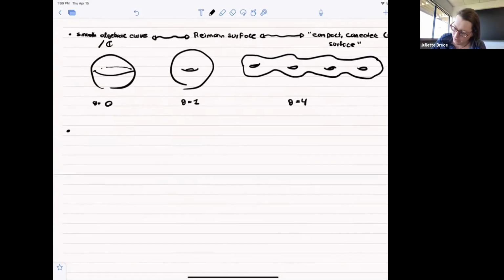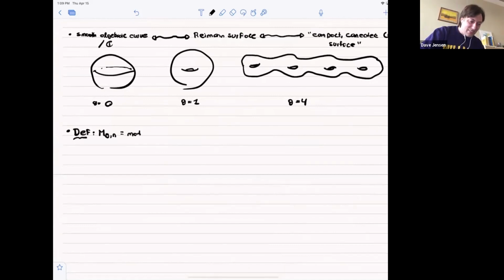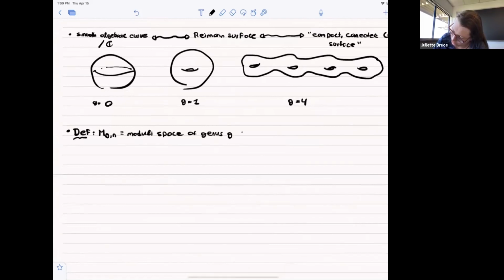And then the definition is that MGN is not a movie studio, but is instead the moduli space of genus G curves with n marked points, modulo some notion of isomorphism, which I'm not going to get into the technical details of.